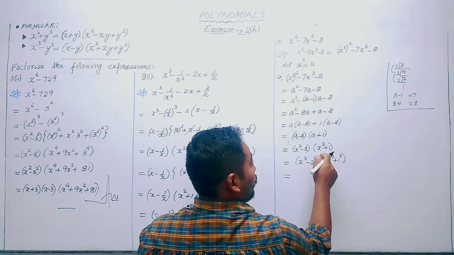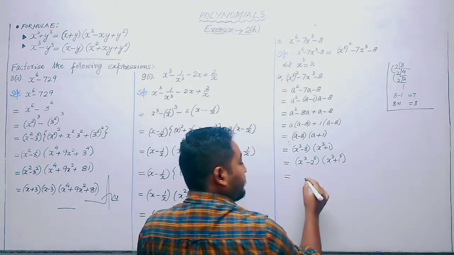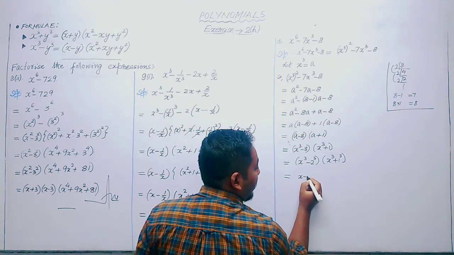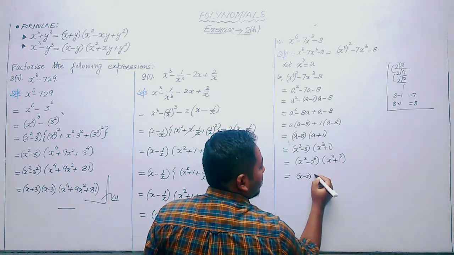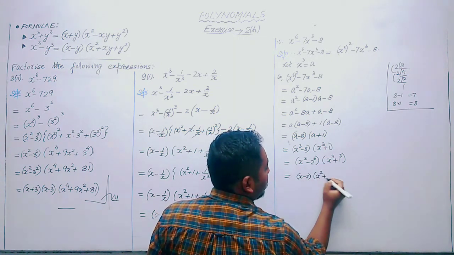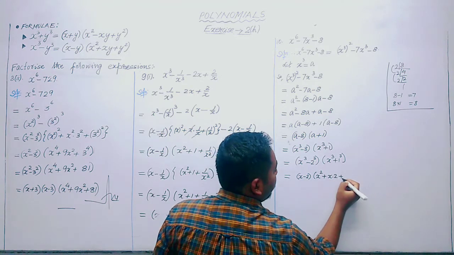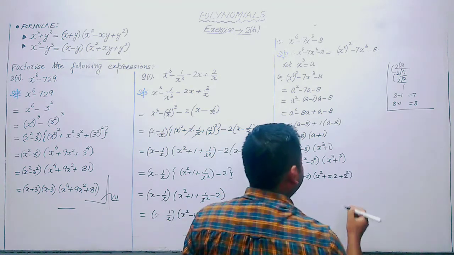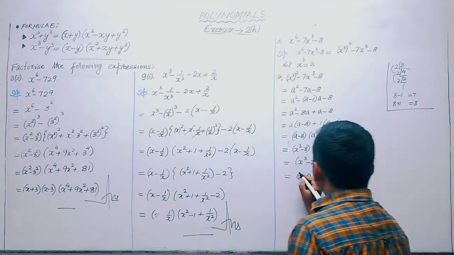The x cubed minus y cubed formula says x minus y, then comes x square plus x into y plus y square. This is one formula.